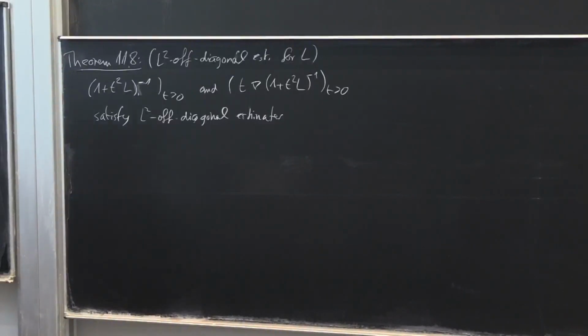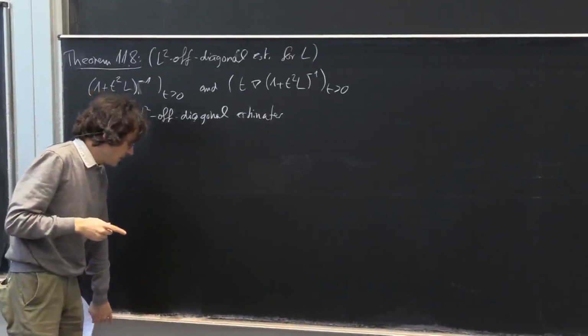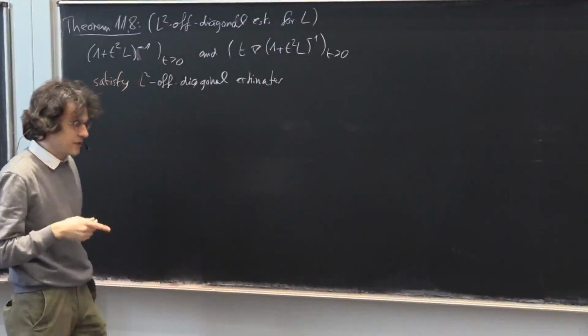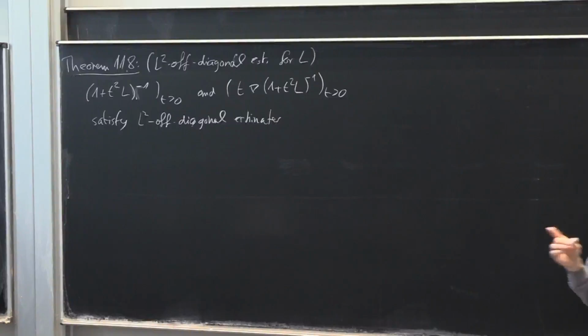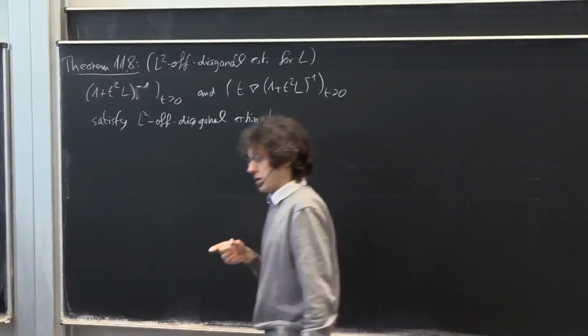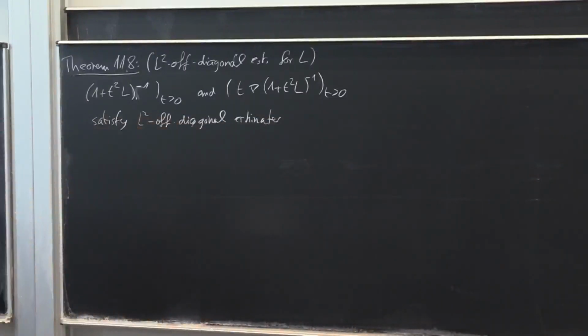And in these off-diagonal estimates, there were 2 constants, capital C and small c. And what we can also do is, during the proof, track the dependency of these constants. We will not write them out, but we will see on which data they depend.